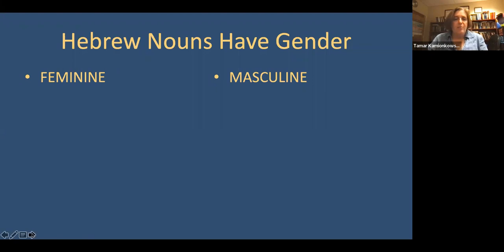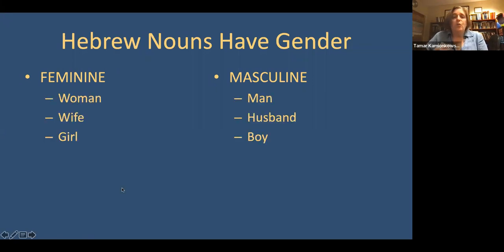So, for example, words like woman, wife, girl, these are obviously feminine, right? So we'll see in a moment that the word for woman is isha, and isha is a feminine noun. And then also with the masculine, there are some nouns where it is pretty obvious why these words are assigned what they're assigned.